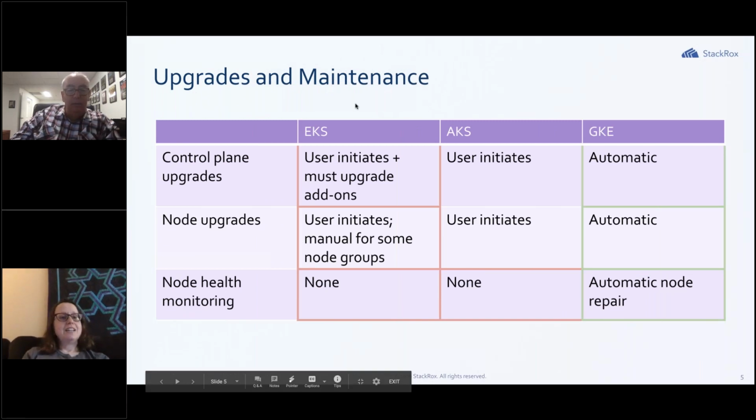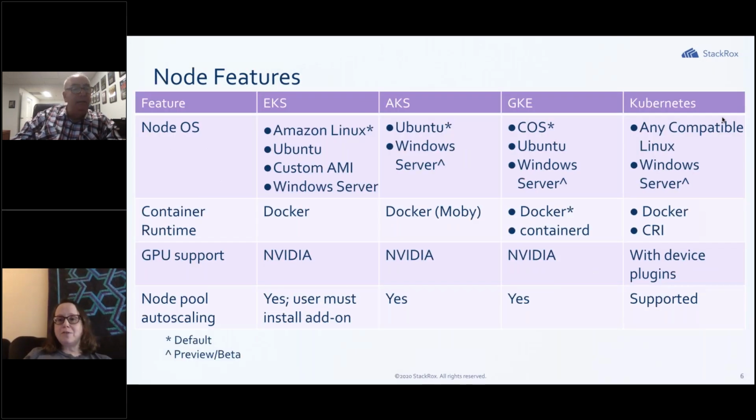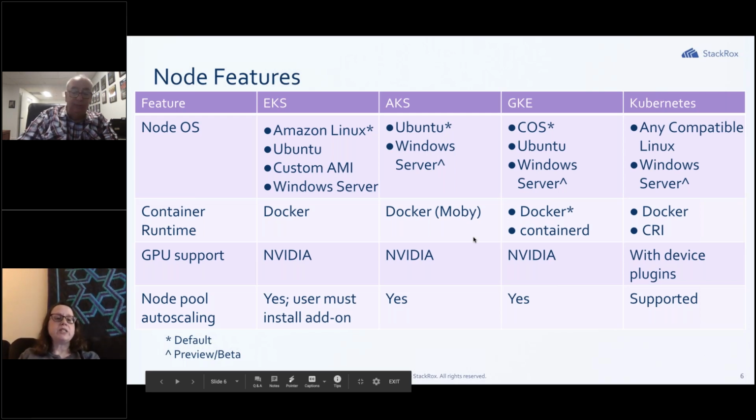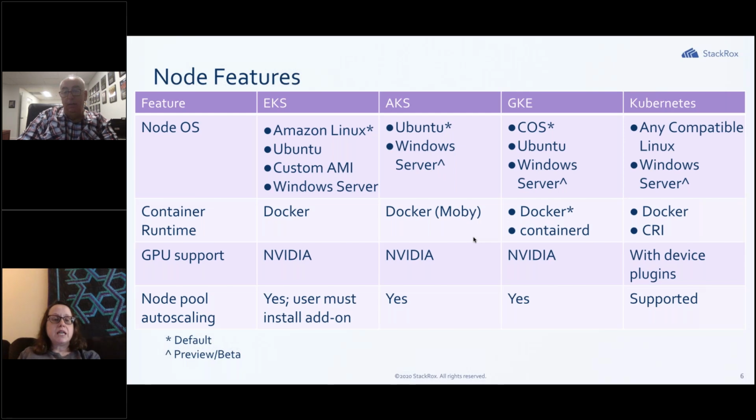Okay. So next we'll talk about node features. I will also try to pick up the pace. Node features, operating system. EKS defaults to Amazon Linux, but it actually gives you a lot of options. Again, I was talking about self-managed versus managed node groups in Amazon. If you're using the managed node groups, you can only do Amazon Linux.